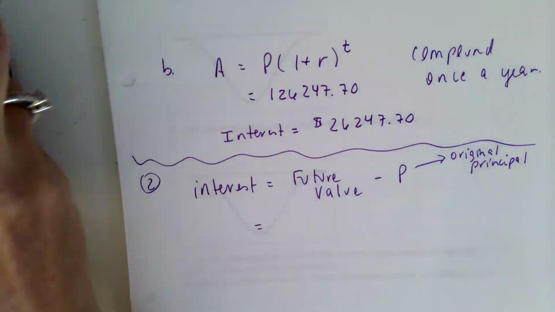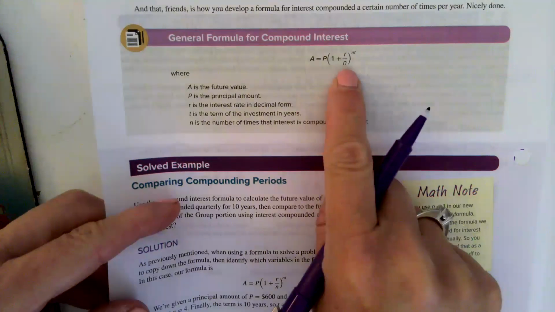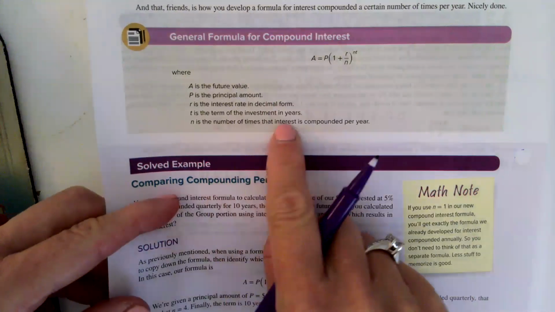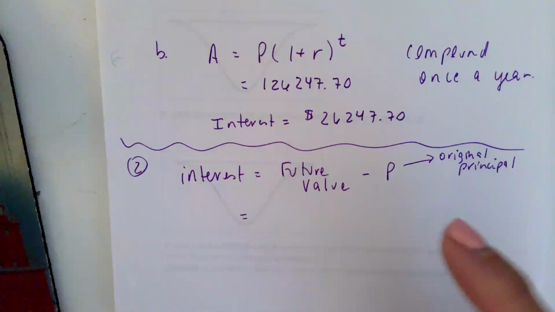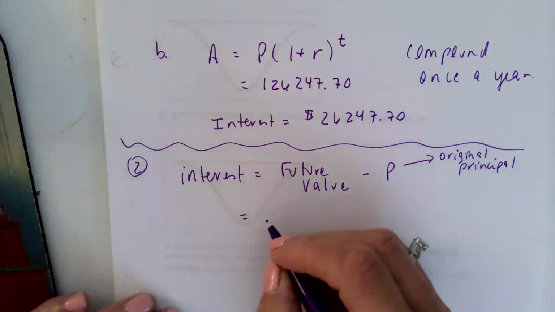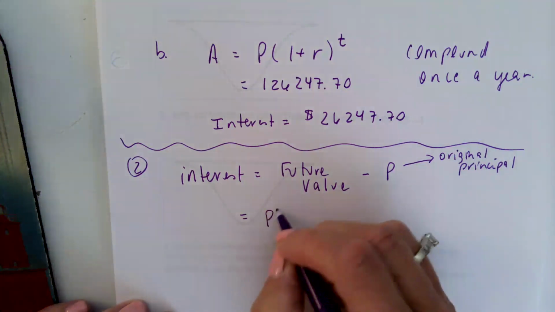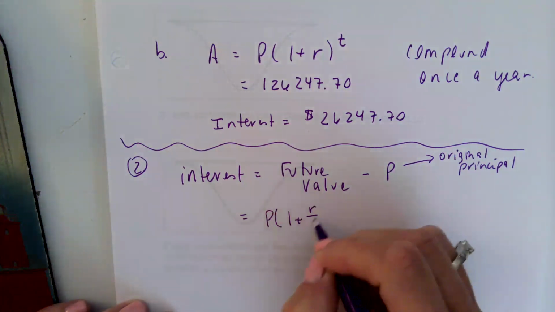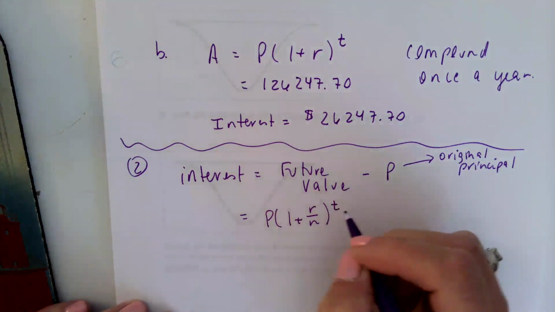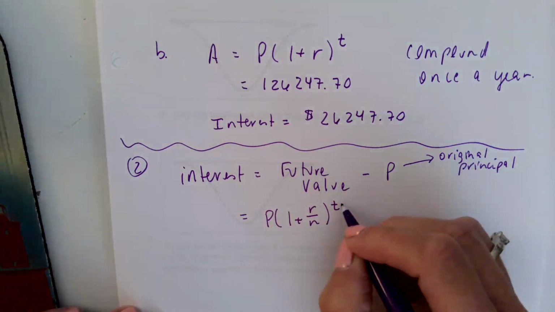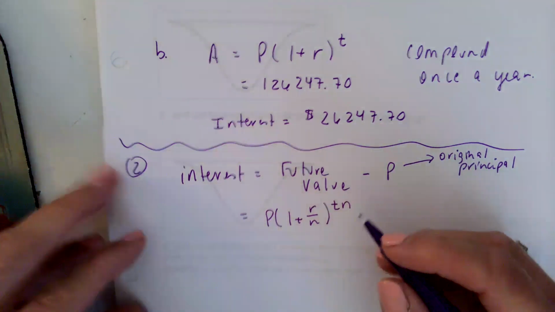So that means for our future value, we're now using this formula here where N is the number of times that interest is compounded per year. So we're going to use P times 1 plus R over N to the NT.